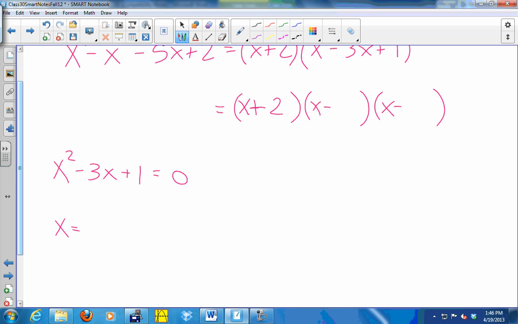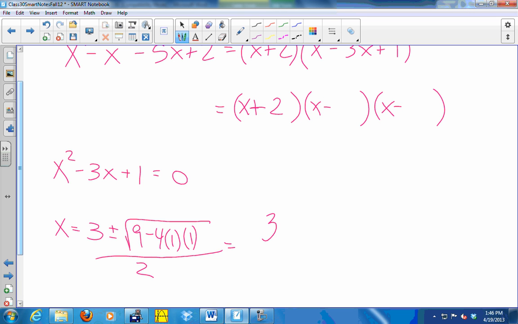So x equals negative b plus or minus the square root of b squared minus 4 times a times c all over 2a, which is 3 plus or minus root 5 over 2. So there's a typo in my answer. I had these as negative 3 plus or minus root 5 over 2.